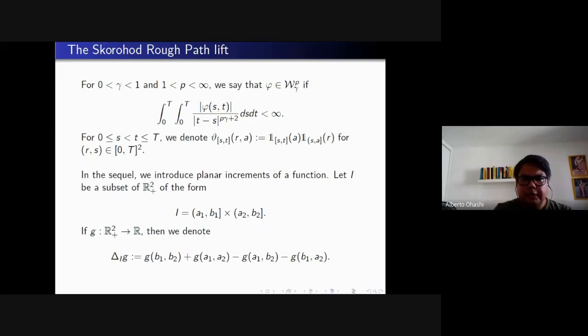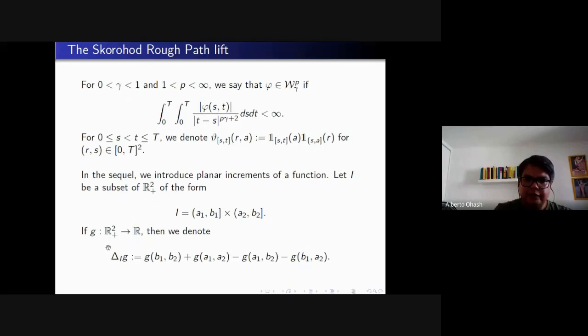Okay, so in order to state the first result, I need to introduce some spaces. W_P^gamma is the set of two-variable functions where this integral here is finite. So var theta here is the product of these two indicator functions.